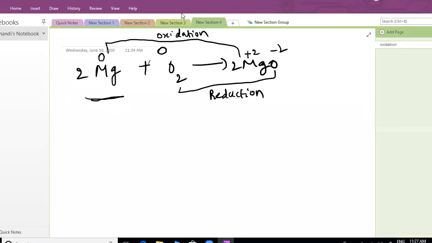Okay. Which is the oxidizing agent and the reducing agent here? Magnesium or oxygen, what do we call the oxidizing agent? Anyone? Oxidizing agent? Magnesium is the reducing agent. Very good.